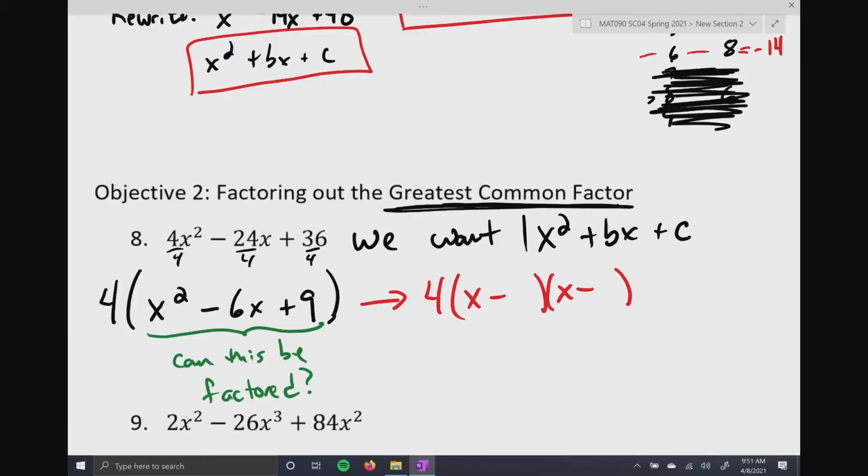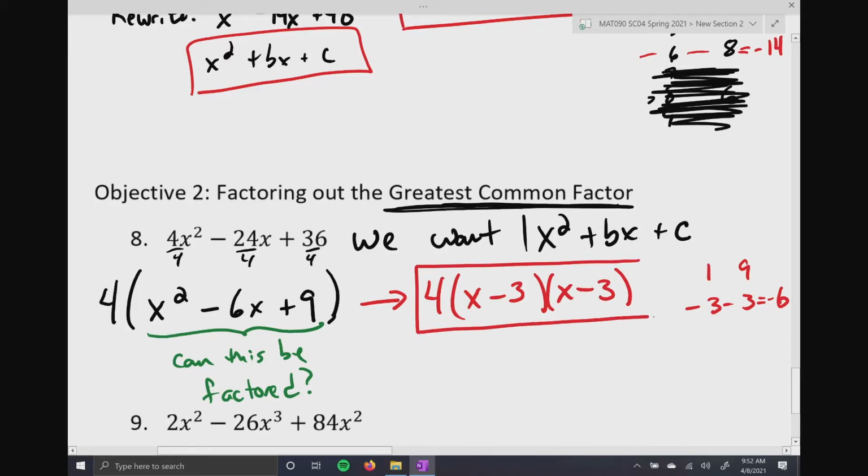The second sign has to be a negative because a negative times a negative is a positive, and we want positive 9. So we'll write out the factors of 9, and the only way we can combine to get negative 6 is negative 3 minus 3. And there's your final answer.